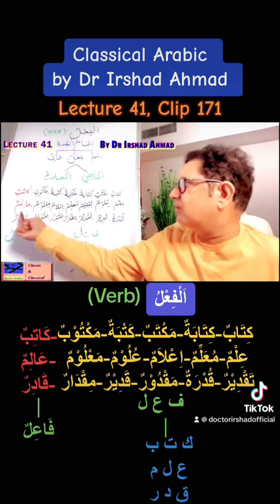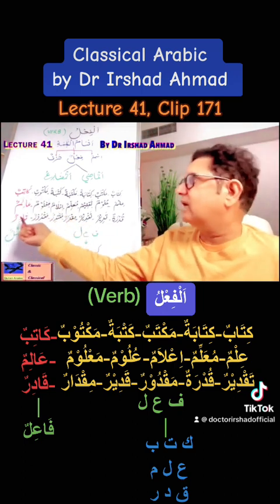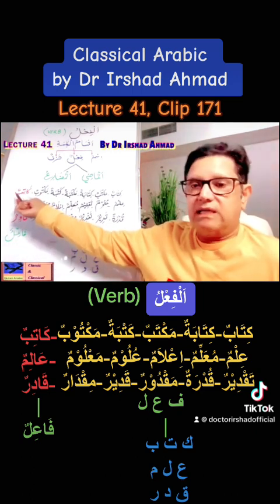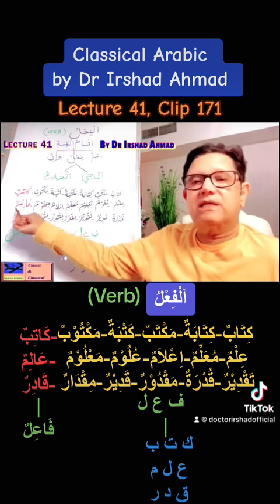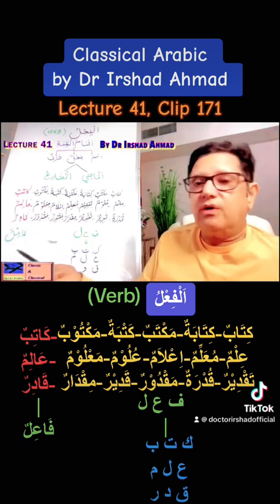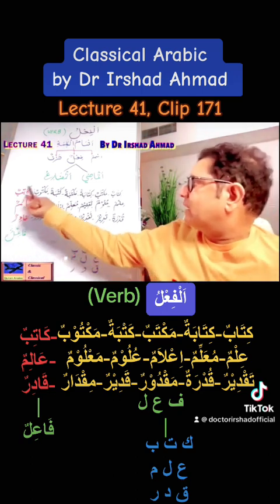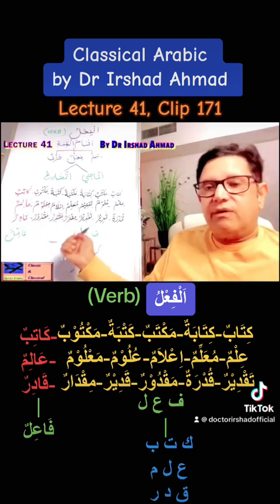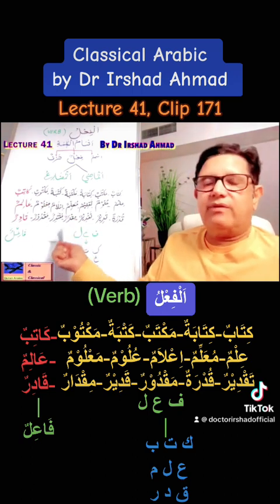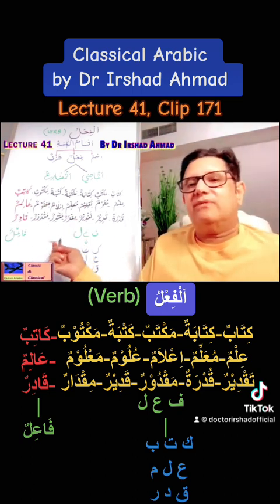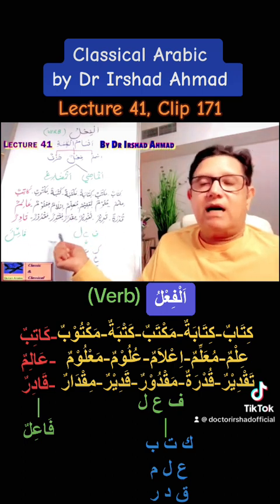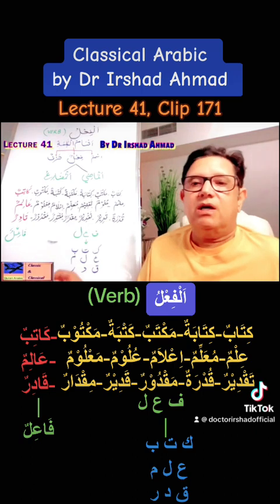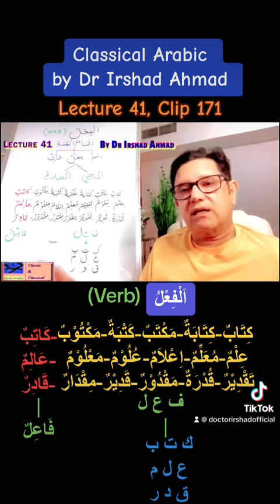That's the meaning of all these three words. We do not have to go exactly into meanings, but here we can say katibun is the one who writes and alimun is the one who possesses a lot of knowledge. So this system of root and pattern is very, very important as far as understanding the Arabic language is concerned, and it makes it very easy to learn the language as far as the grammar goes.